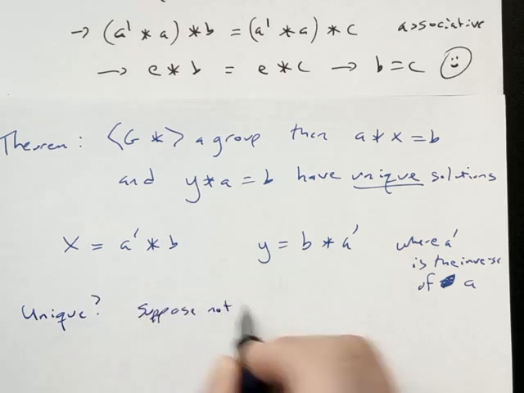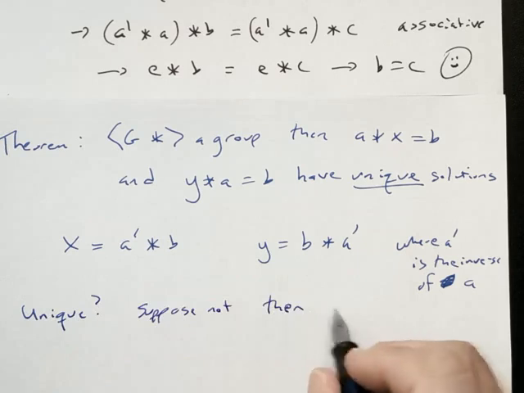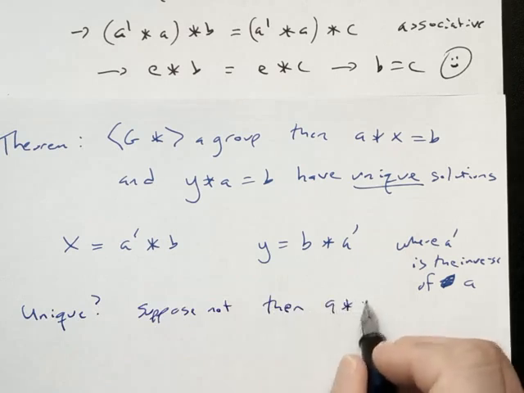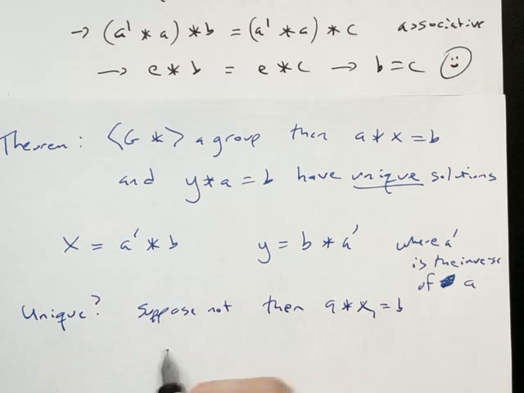Suppose not. Then A star x1 is equal to B and A star x2 is equal to B. Right? Suppose I had two different solutions. Well, if they're both equal to B, then they're both equal to each other.